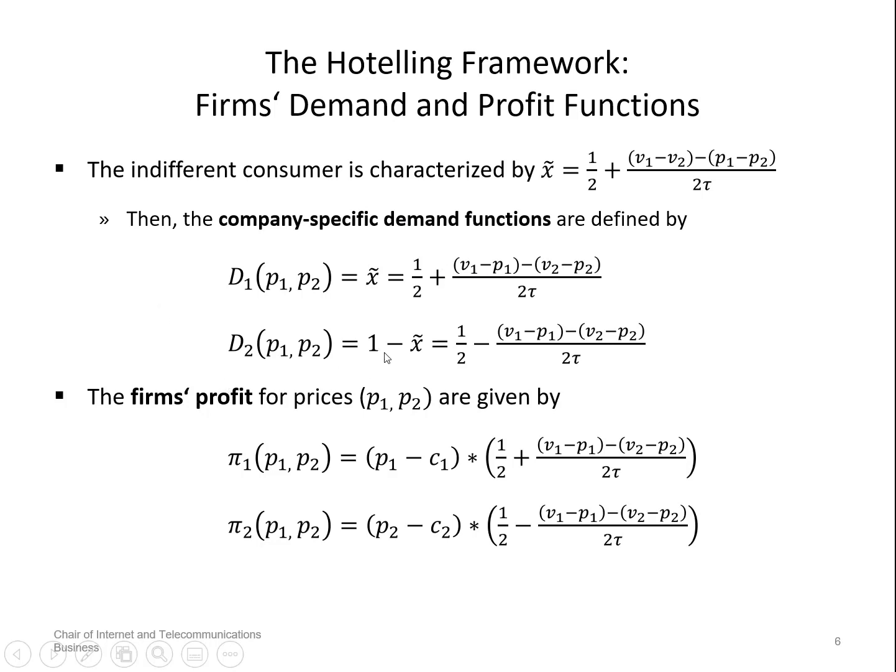For d2 it is just 1 minus x tilde, just 1 minus d1. Then the firm's profits are given by p1, its margin from selling to consumers, times the demand they get. So this is the profit as a function of the prices p1 and p2.